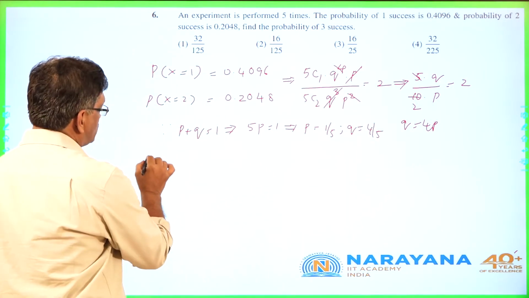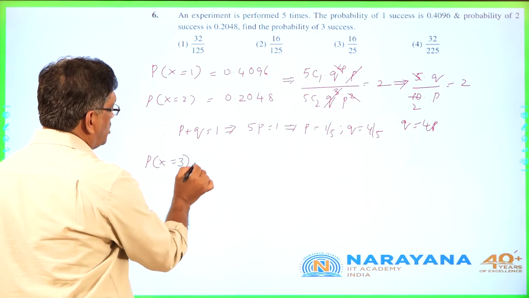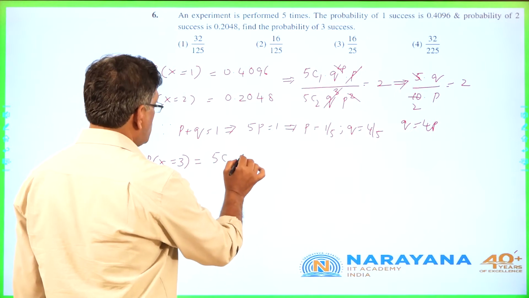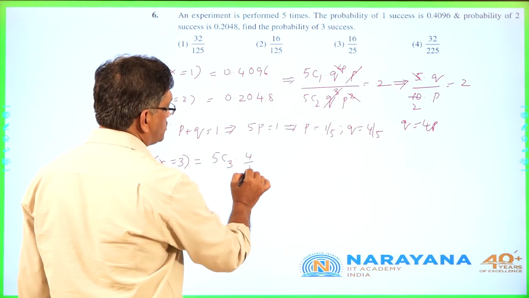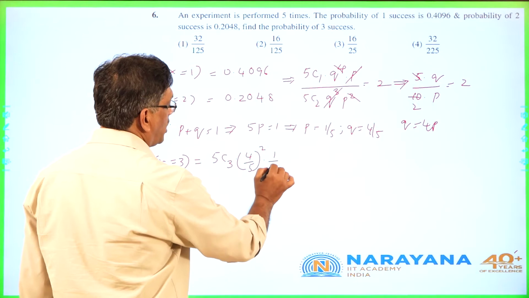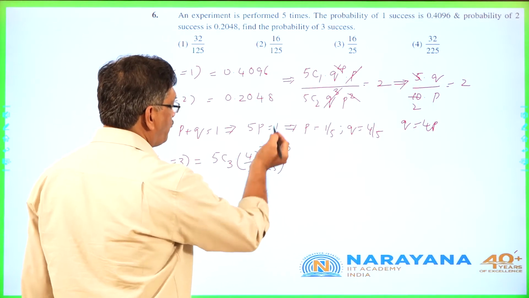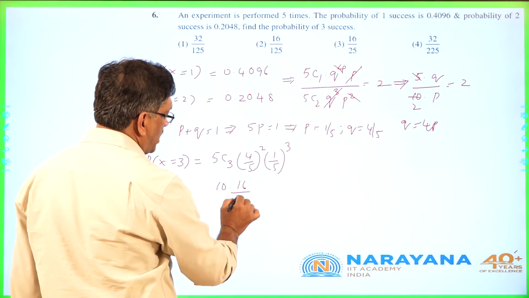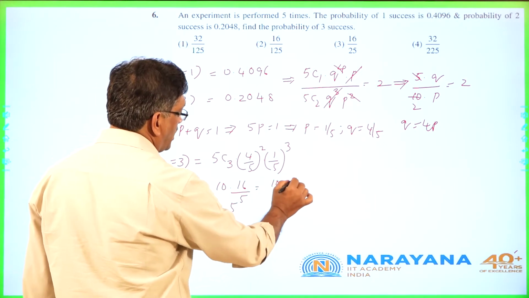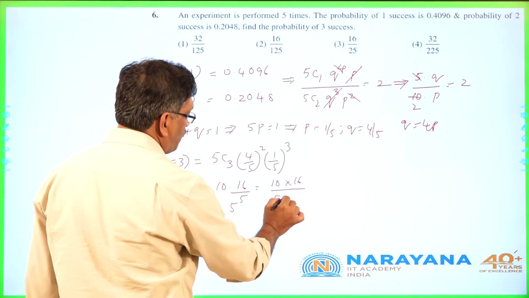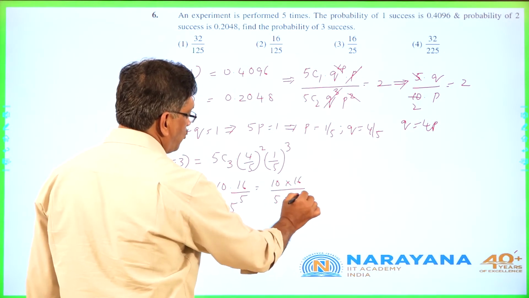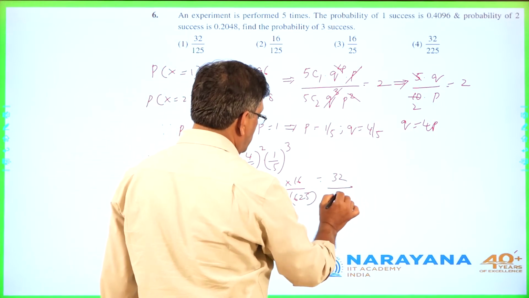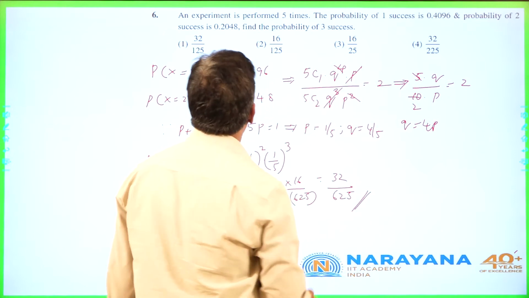Now he is asking probability for 3 successes, that is 5c3, q power, q is 4 by 5 whole square, p 1 by 5 cube. 5c3 is 10, 16 by 5 power 5, 10 into 16 by 5 power 4, 625, it is 2, it is 32 by 625.